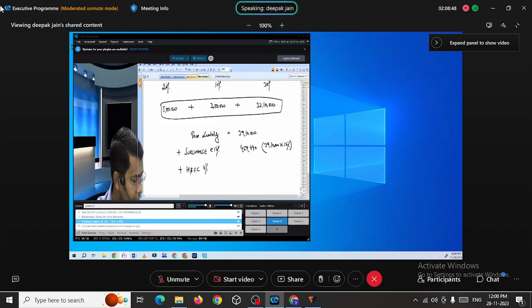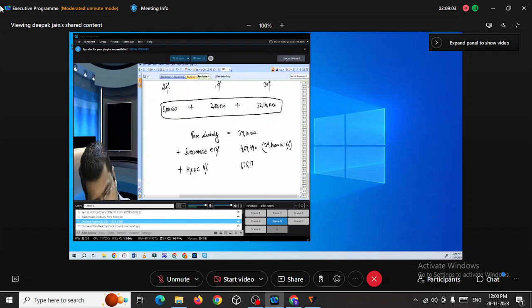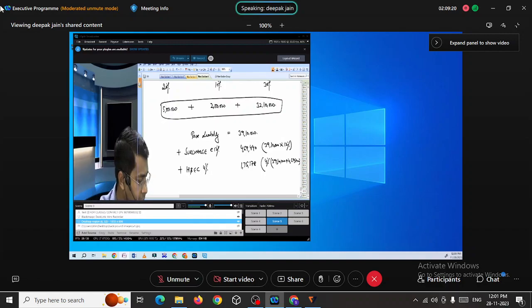39 lakh 10,000 plus 469,200, 4% of that. Sir, on what did you apply it? On both of these. Sir, surcharge will be 469,200. Let me check, beta. 39 lakh 10,000 into 12%.